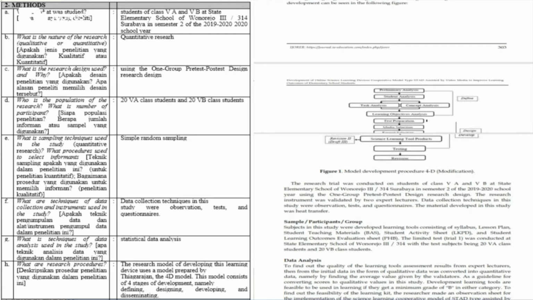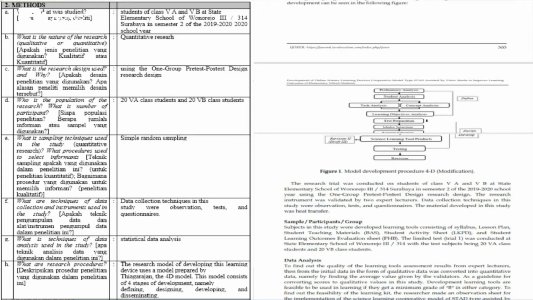And what is the nature of the research? Qualitative or quantitative? So here, quantitative research. And then C, what is the research design use? The research design use is one group pretest, post-test design.